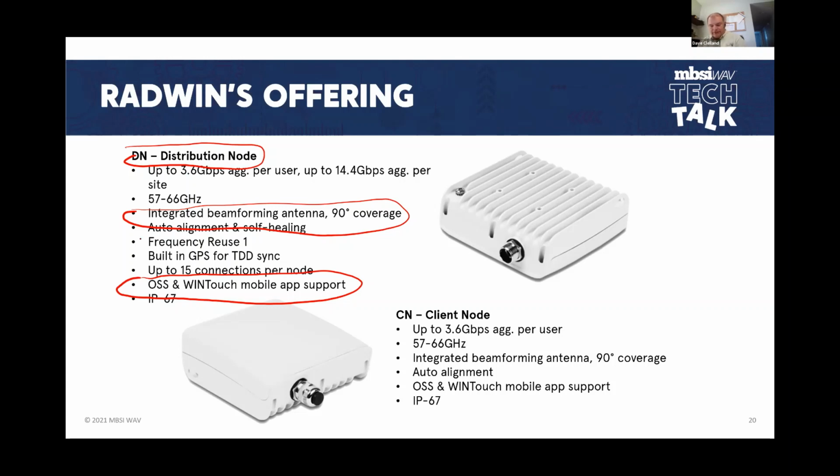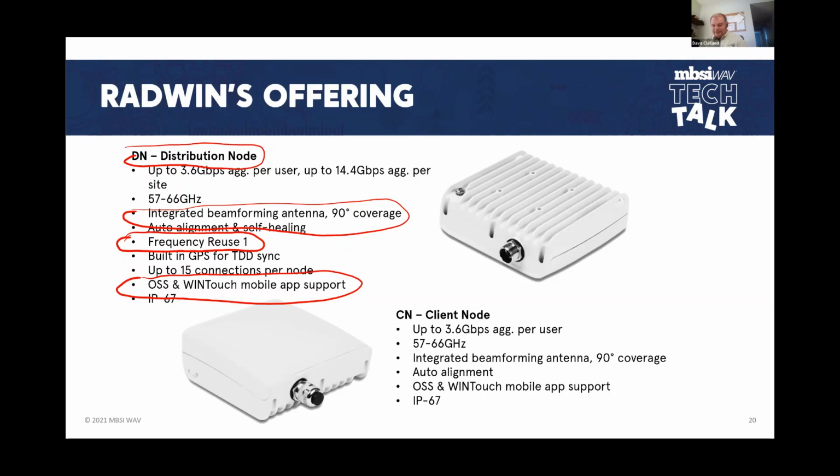One of the things that hasn't been mentioned so far, I guess I did just briefly, is that all of these 802.11ay networks can operate on the same channel in a mesh. And so this is the definition of frequency reuse 1. I have 4 channels to work with in the band.